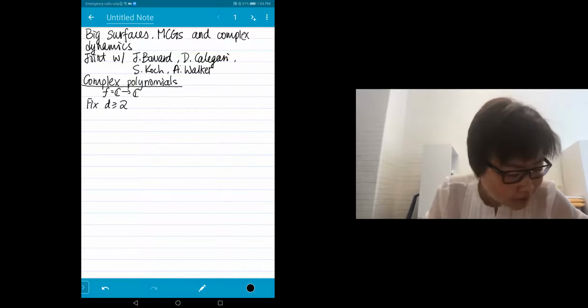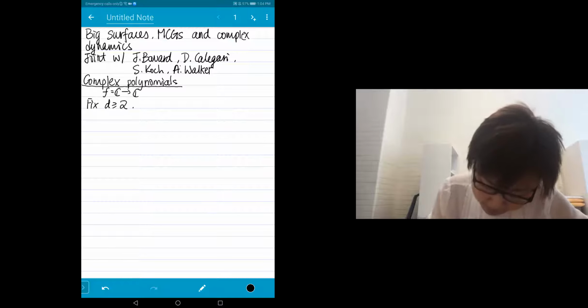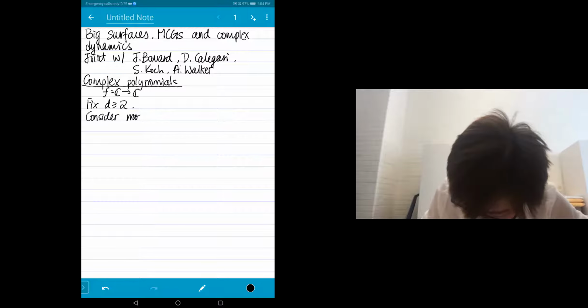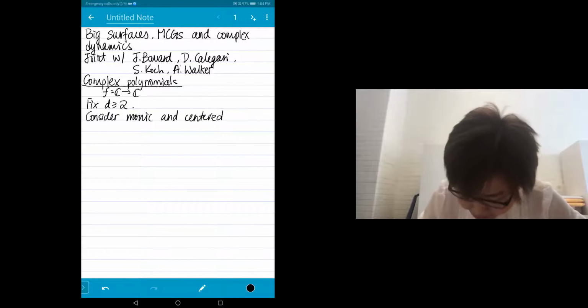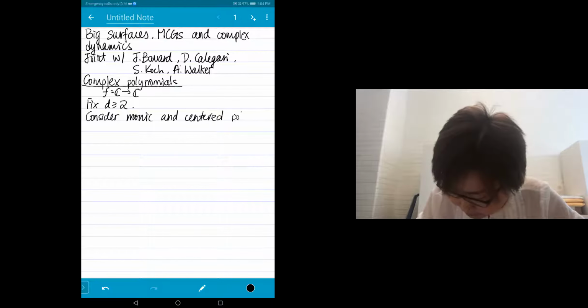First we fix an integer d, which is greater than or equal to 2. This is the degree of the polynomial. And we want to consider monic and centered polynomials. This is just a renormalization.